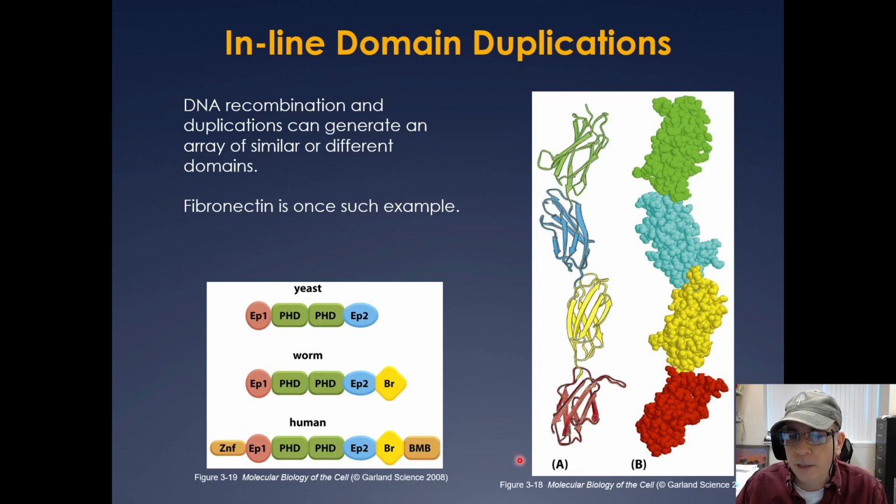Okay, and this is just an extracellular protein with the fibronectin domain repeated. And here are some examples of a different protein in yeast, worms, and humans, and how the domains can be expanded by duplication and recombination into different proteins. And here you have one that has gained a zinc finger domain.